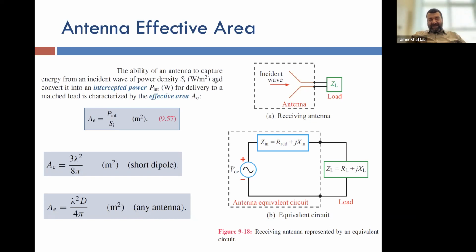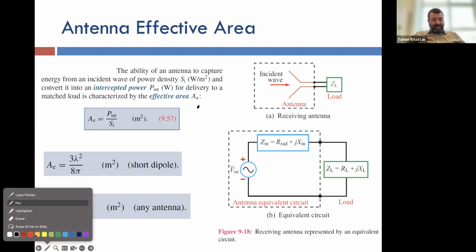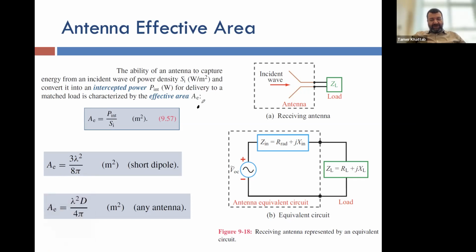Now, physically, what does the effective area of the antenna mean? It means the area that intercepts the electromagnetic wave. Imagine that your source is here, and the radiated power coming out of this source, as we said, goes in all directions.